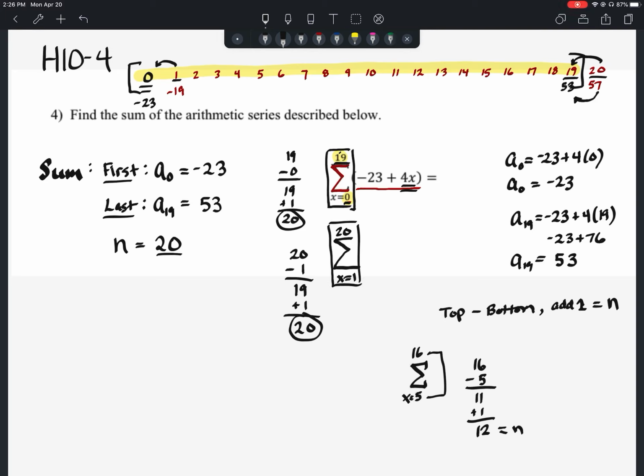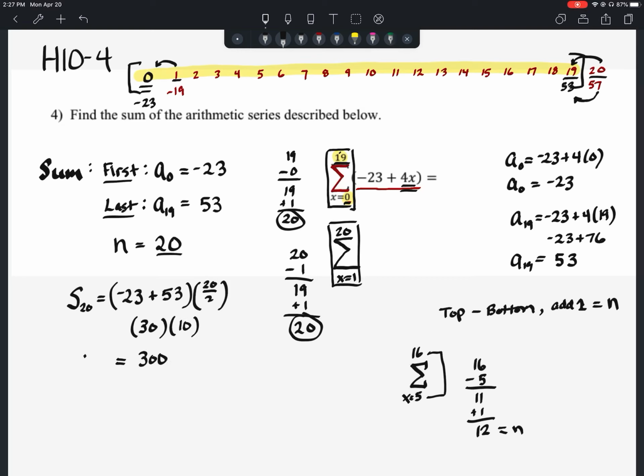All right, so let's go ahead and just find the sum then. Our first term, we said, was negative 23, so we're finding the sum of 20 terms. First term, negative 23. Last term is positive 53, and then we are going to multiply it by half the number of terms. So we're going to get 30 times 10, which is going to be 300.